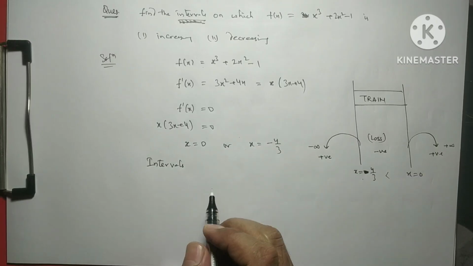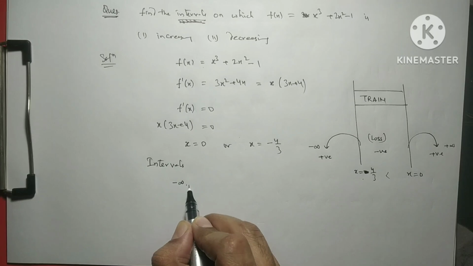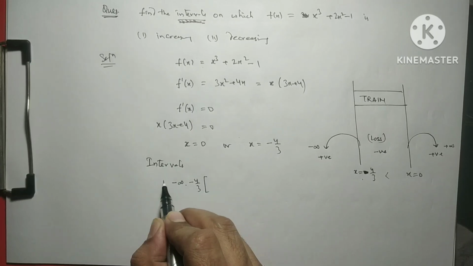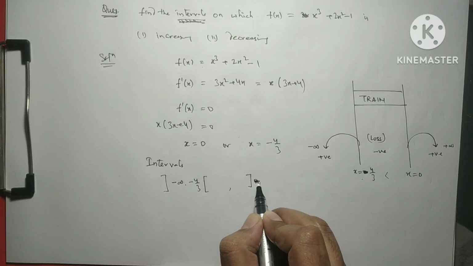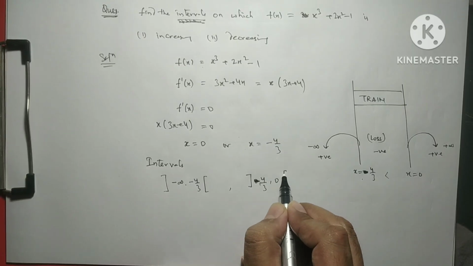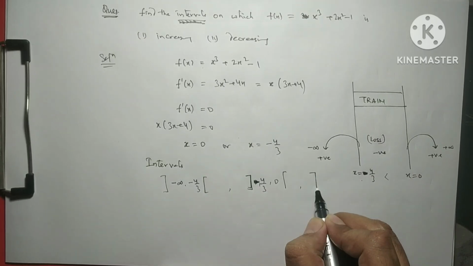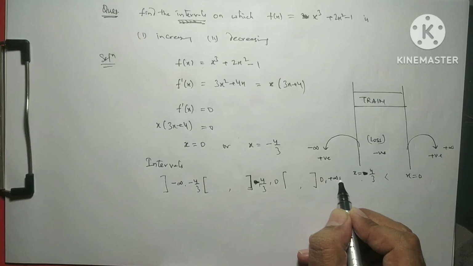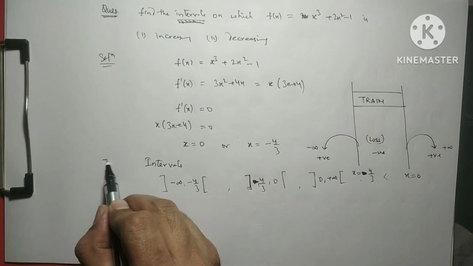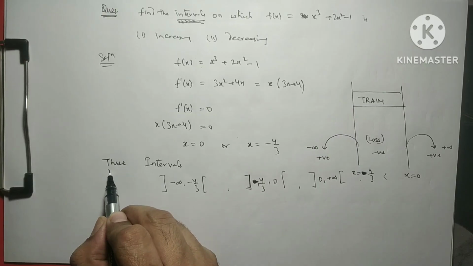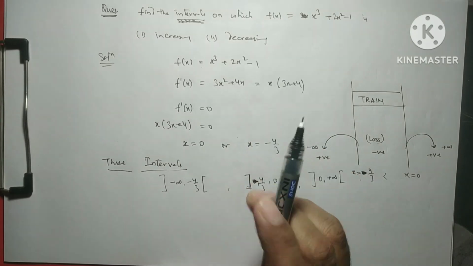The intervals will be minus infinity to minus 4 by 3, then minus 4 by 3 to 0, as on a number line going from negative to positive, and the third one is 0 to positive infinity. So right now you have these three intervals, and you want to check on which interval the function is increasing and on which interval the function is decreasing.